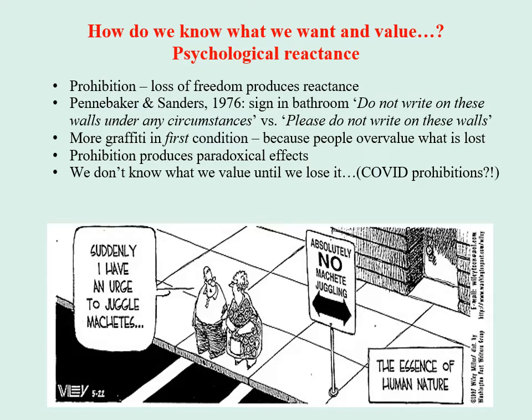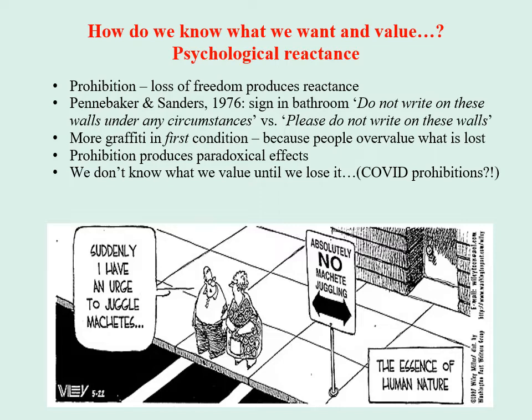Pennebaker and Sanders found that there was significantly more graffiti in the first condition, when people felt that their freedom has been taken away to do something that they might not actually have wanted to do in the first place. The point is that we tend to overvalue lost opportunities because we don't really know how much we value something until we are about to lose it.